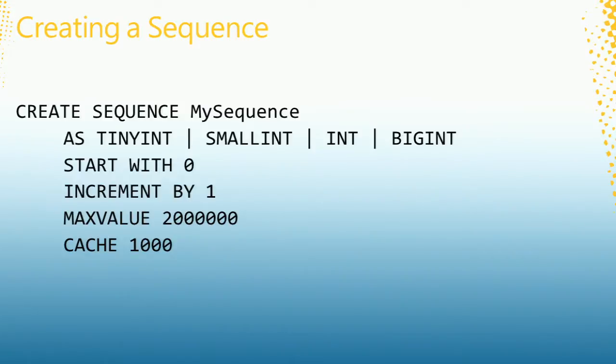If I specify a minimum value lower than start with, those numbers are considered part of the sequence, but I'm still going to start at whatever my start with value was. So if I put min value of -500, if I reset the sequence back to the beginning, or if I allow it for auto rollover, it's going to roll over back to -500 and work its way up, even though this time I'm starting at 0. So you've got those two values to keep in mind.